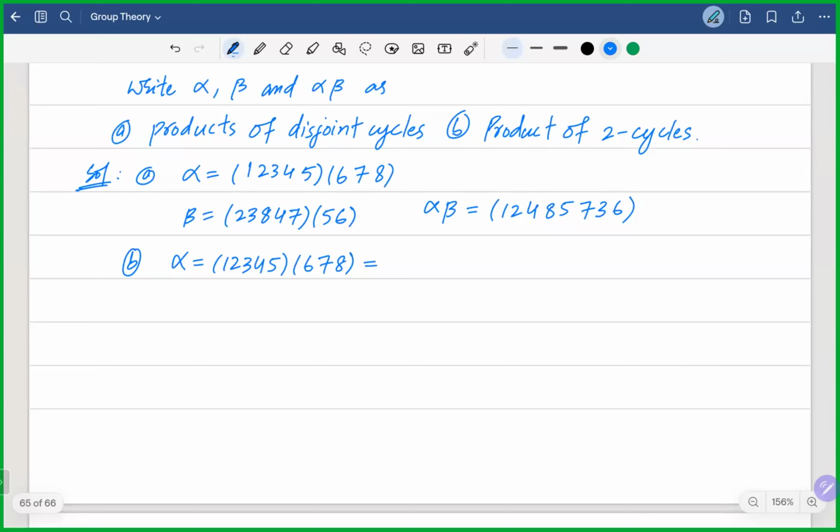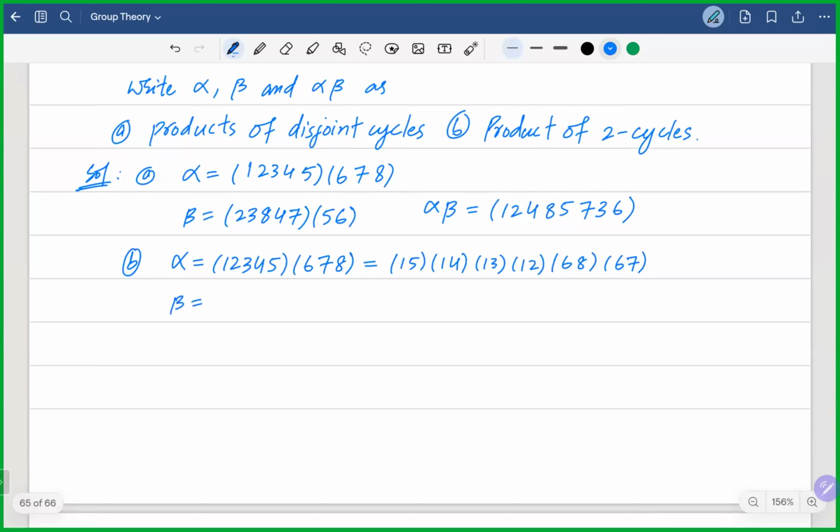Now let's come back to part B, where we need to write alpha as a product of two cycles. So you can write alpha as a product of two-cycles by writing (1 5)(1 4)(1 3)(1 2), and then (6 8) and then (6 7). That's our alpha.